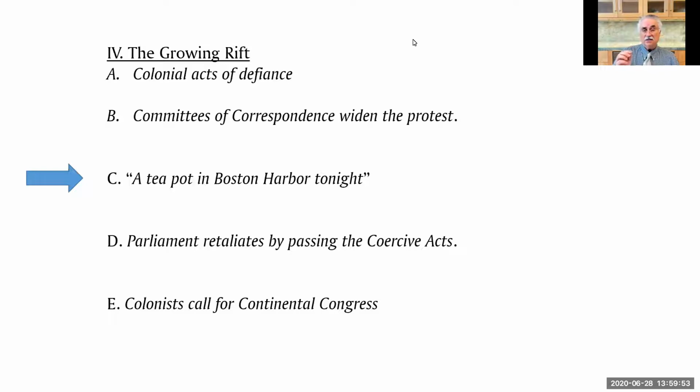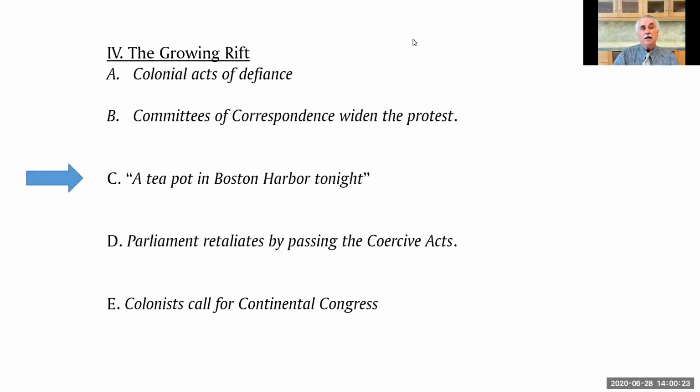Now first of all, you have to understand, people in England like tea. They drink a lot of tea. It's sort of a national drink. It's a very social custom to drink tea. The Tea Act of 1773 would have lowered substantially the price of tea to make it much more affordable, because it allowed the East India Company to bypass all the middlemen.